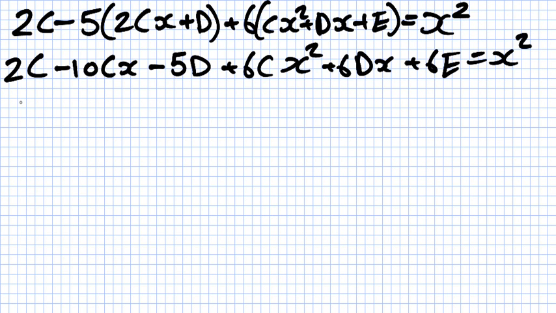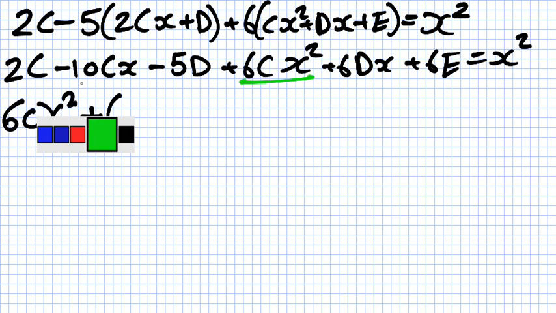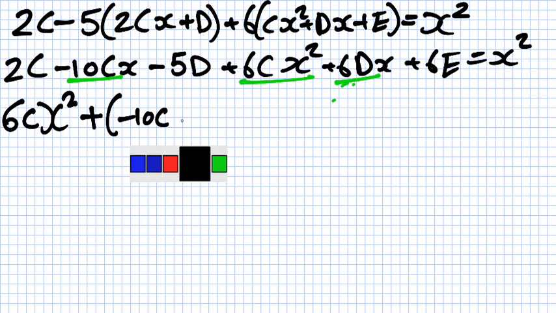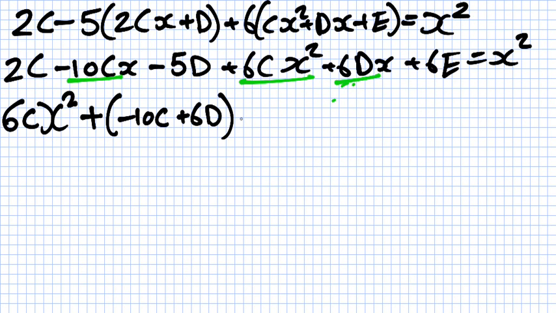So on the left I'll have 6c x squared, and then the x's I'd have is plus bracket, so let's see, I'll have minus 10c there, and then I have 6d there, and then that's it for the x's.